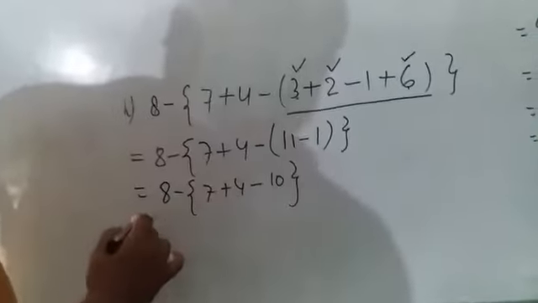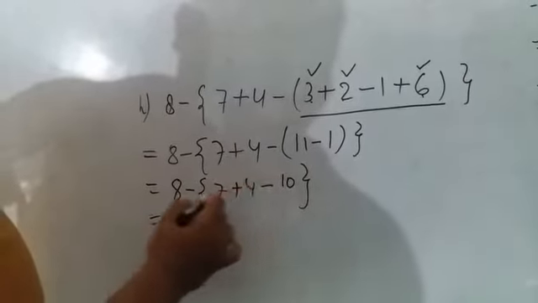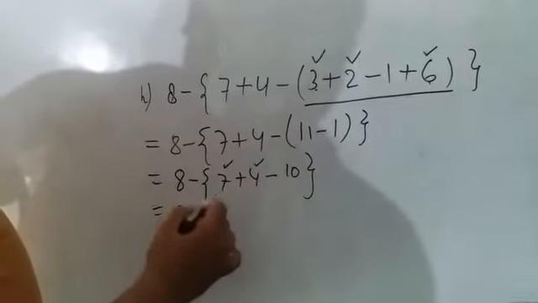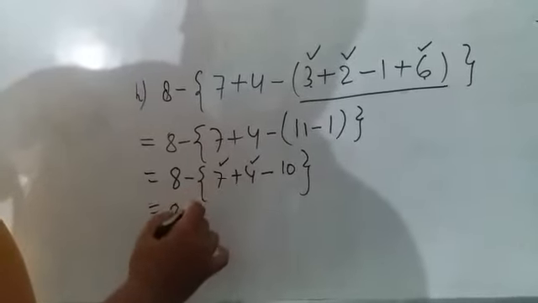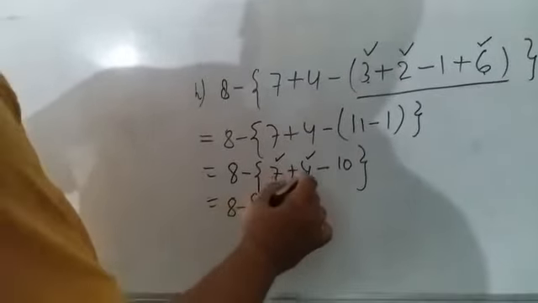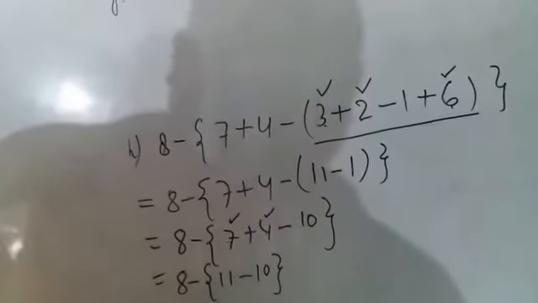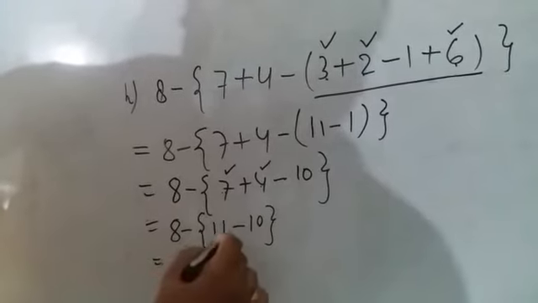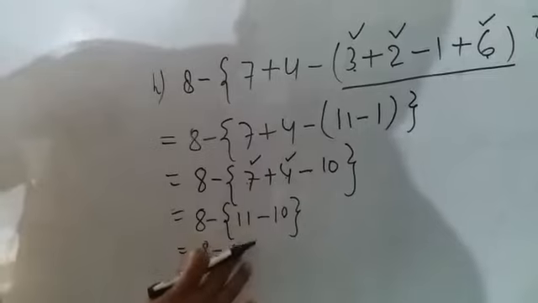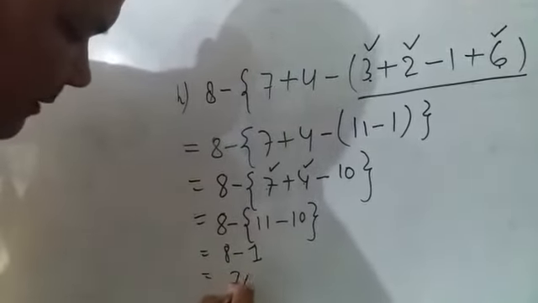So is equals to 8 minus, now here in curly brackets we are doing addition first. This and this number are additions because they are the positive sign, and now this 7 and 7 and 4, 11 minus 10, and these two terms have different signs, and the difference is equal to minus 2, sorry 1, 1, and now its right answer is equal to 7.